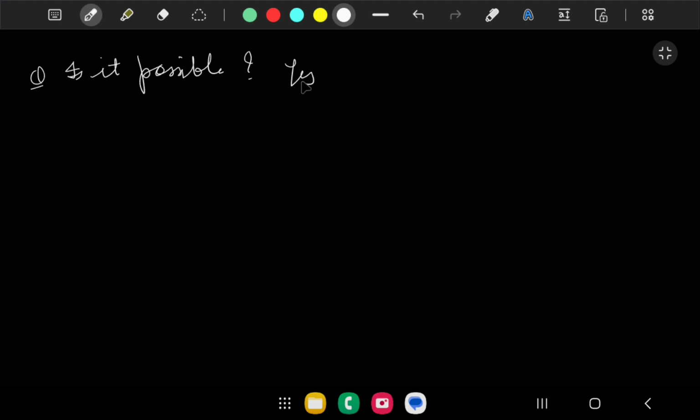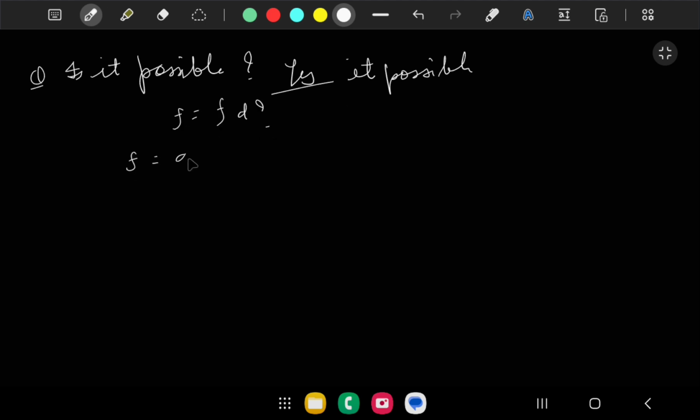Now another question. Is it possible for f to be equal to f dual? Yes, it is possible. Not always, but it is possible.